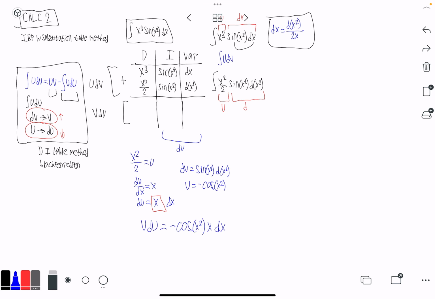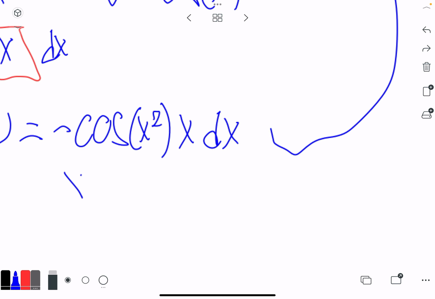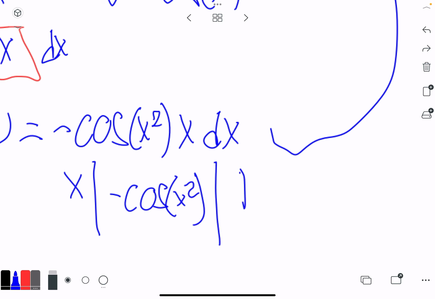But remember, we're trying to write it into this table. So I think it's better if we write it as x and then negative cosine x squared and then dx, right?